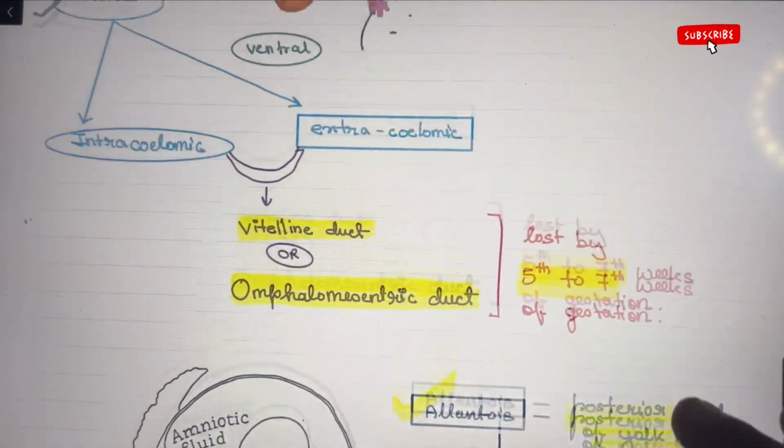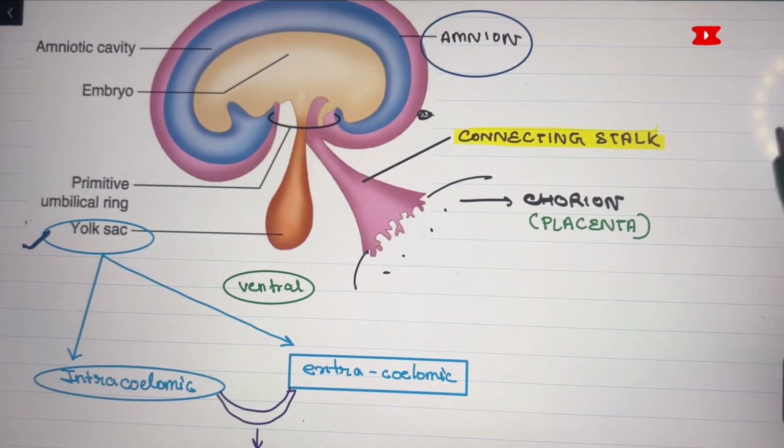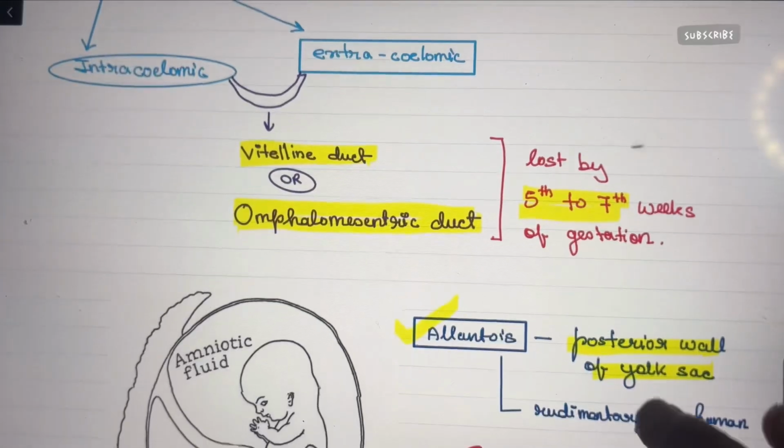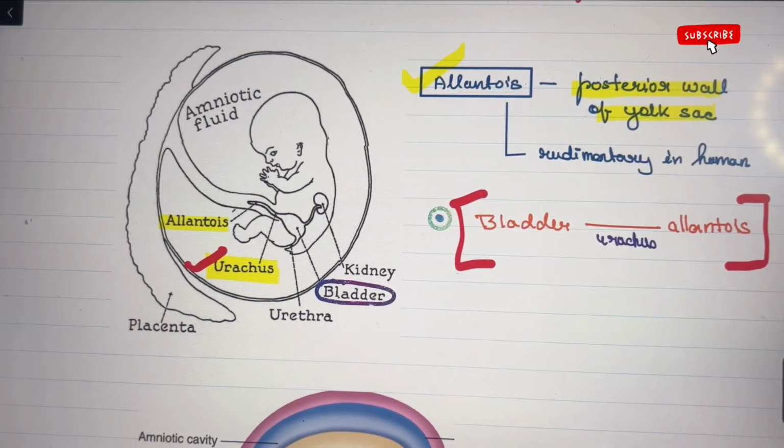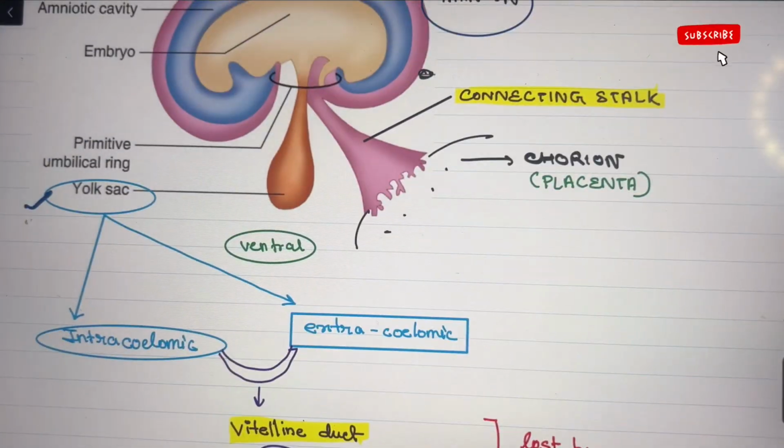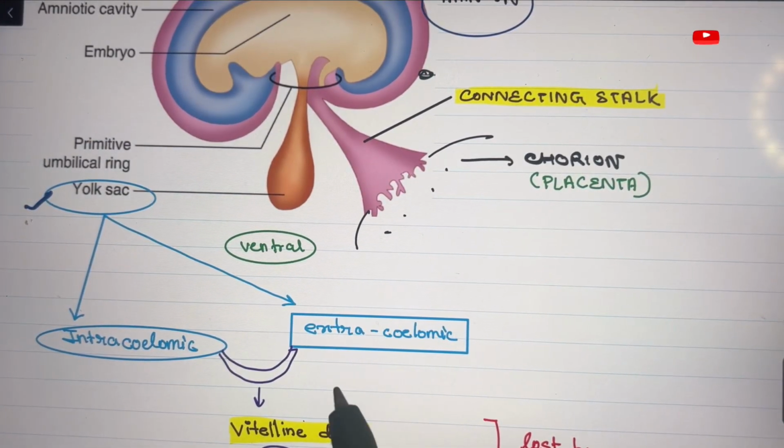Fine, we have three connecting systems. One is the connecting stalk, then we have the Vitteline duct, and we have the urachus. And out of this, urachus is also present in umbilicus, and the Vitteline duct, if patent, also has its opening present in umbilicus.